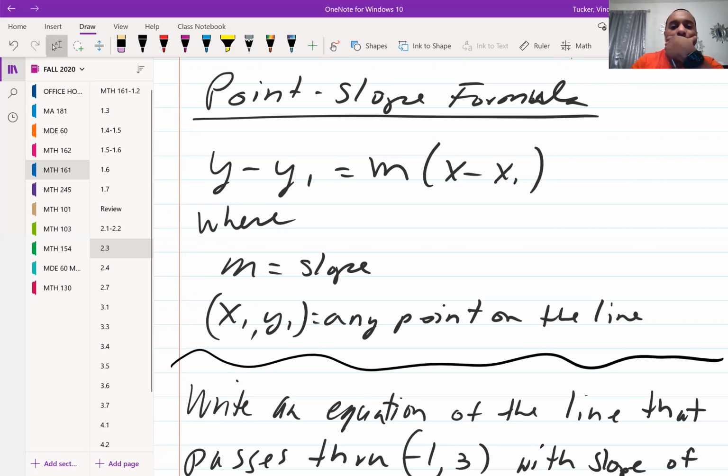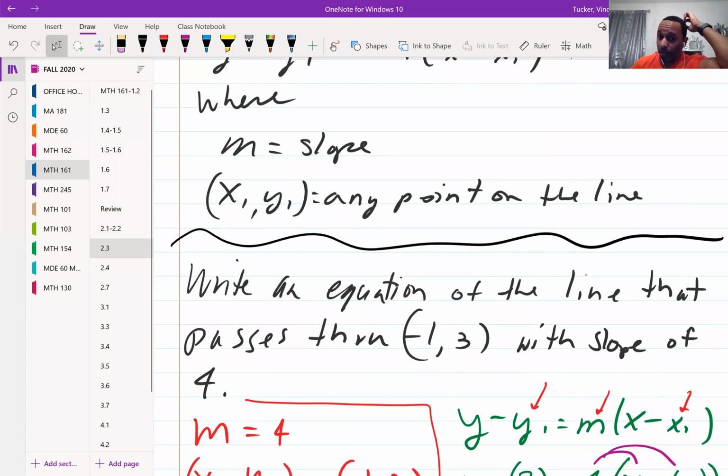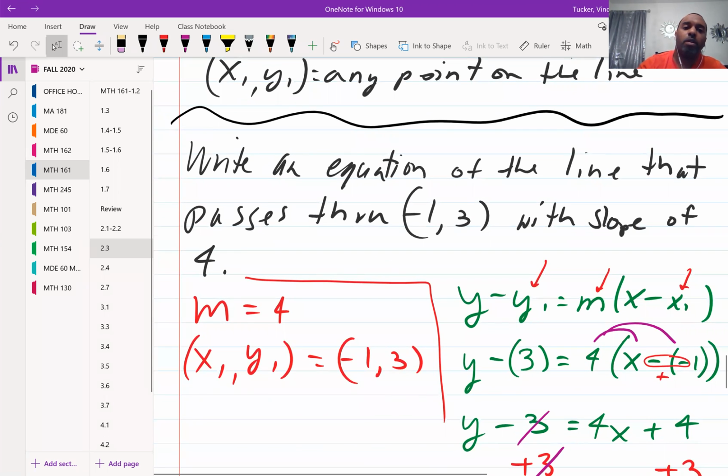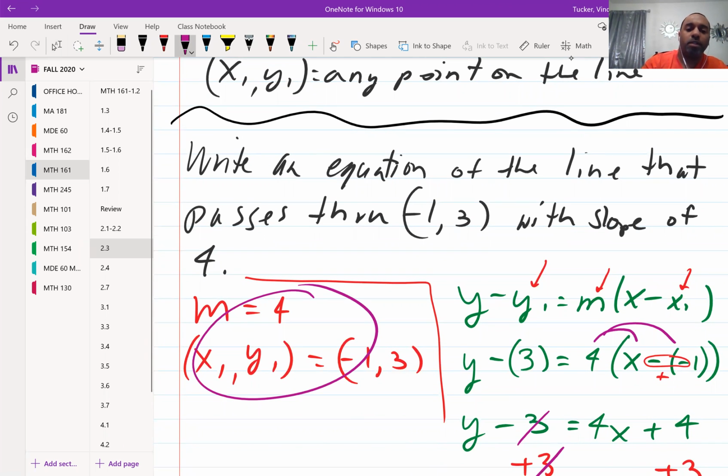All right, so write an equation of the line that passes through (-1, 3) with a slope of 4. So here's the given information that we took from the problem. We have a slope of 4 and the line passes through (-1, 3).